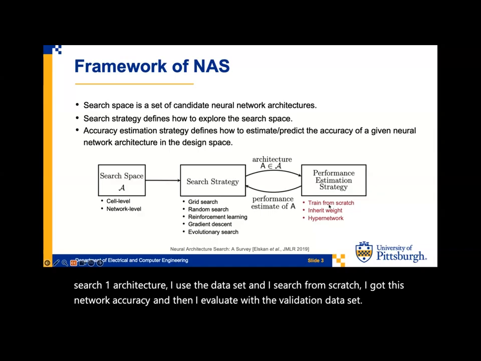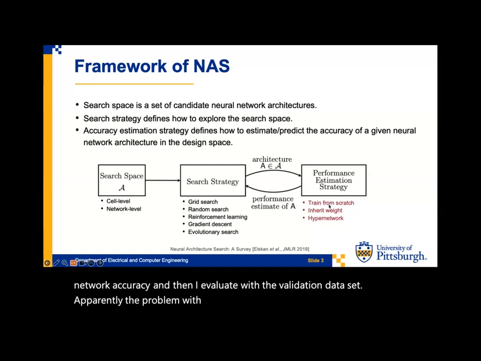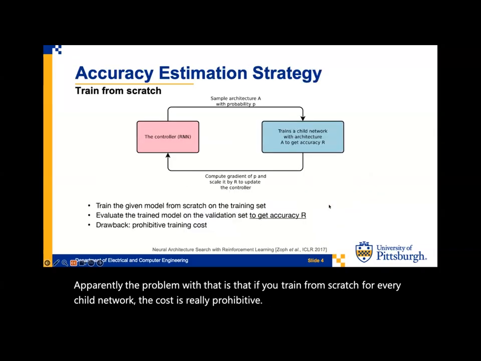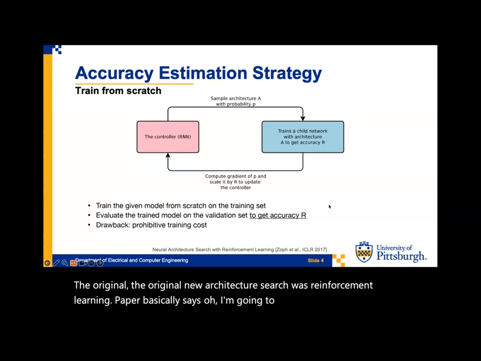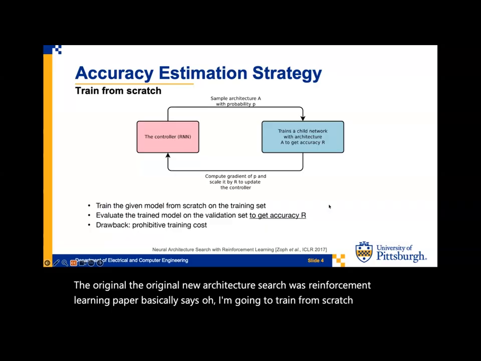Apparently, the problem with that is if you train from scratch for every child network, the cost is really prohibitive. The original neural architecture search with reinforcement learning paper basically says, I'm going to train from scratch for every network I sampled.